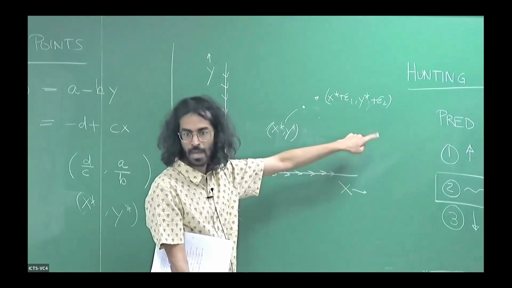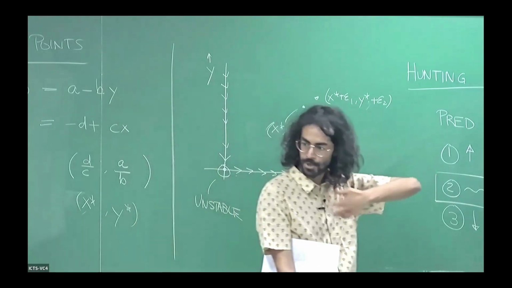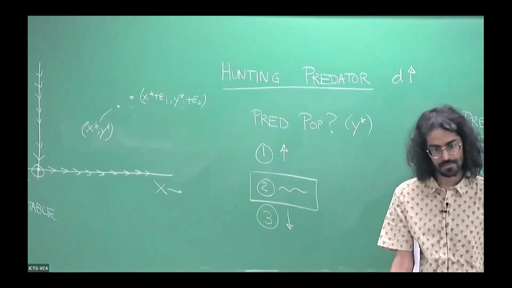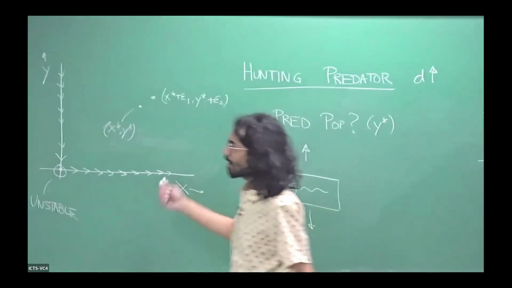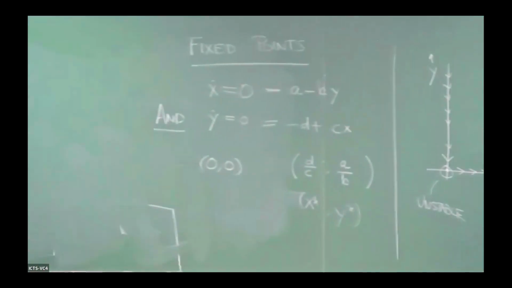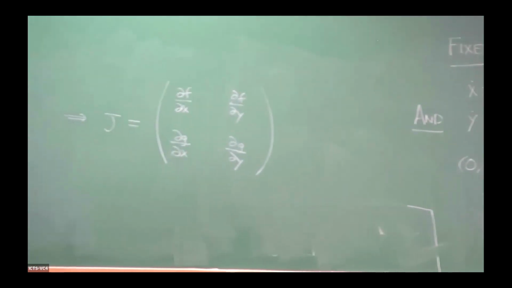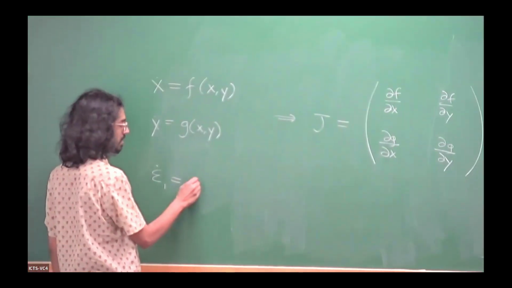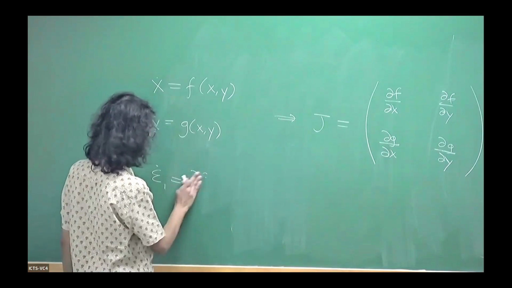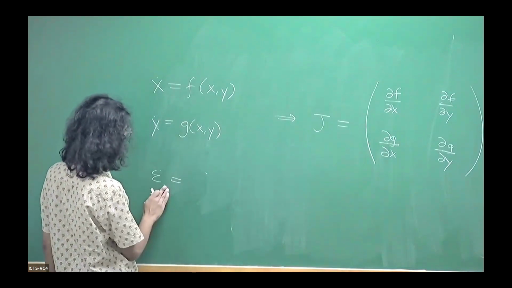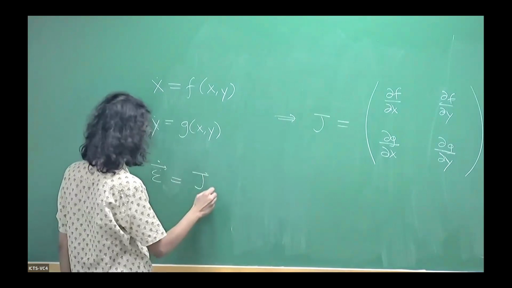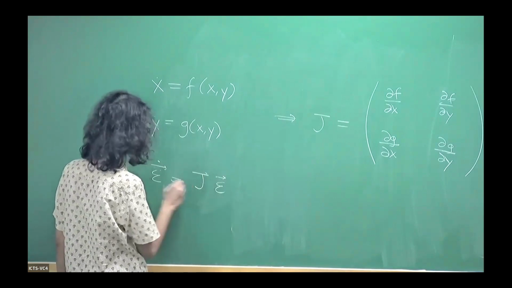Because I want to know whether over time that perturbation will grow or die or do something else, right? And so you can effectively find out from these equations that when epsilon 1 and epsilon 2 are small, you get equations of this form, something like this. We have epsilon dot equals this matrix J times epsilon.